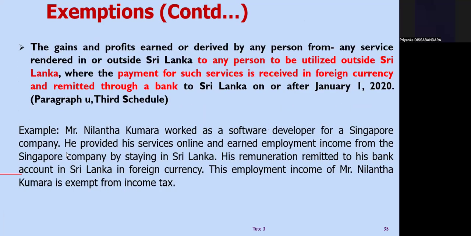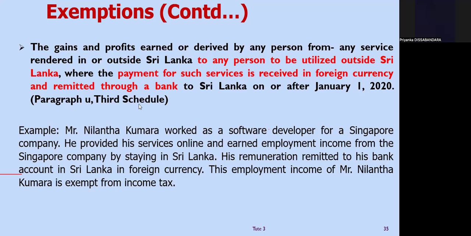In addition to that, we have another exemption that is introduced under Inland Revenue Act Amendment Act number 10 of 2021. That is the gains and profits earned or derived by any person from any service rendered in or outside Sri Lanka.